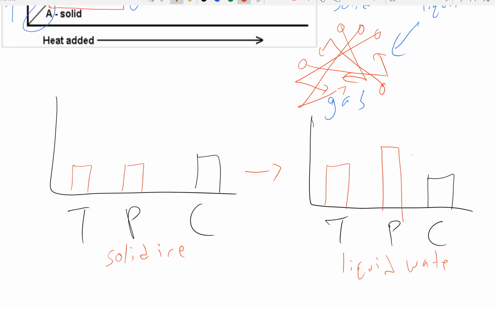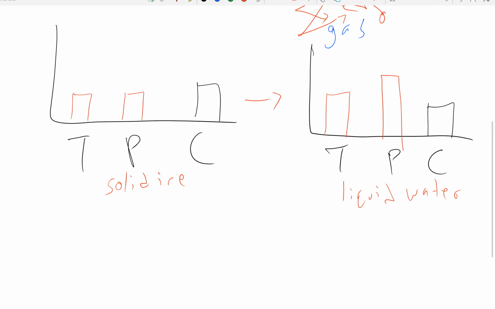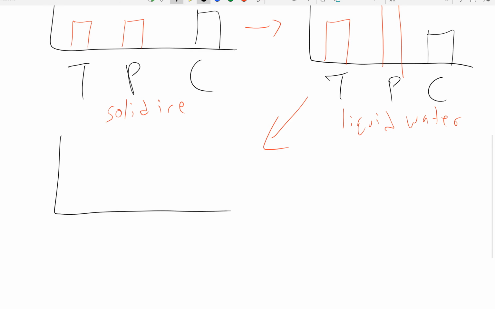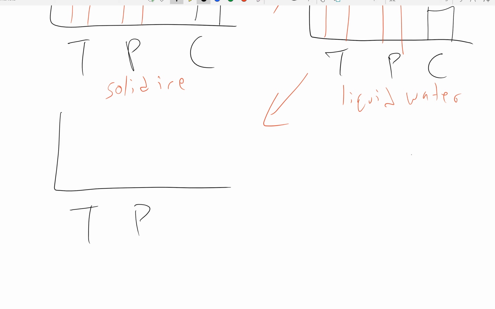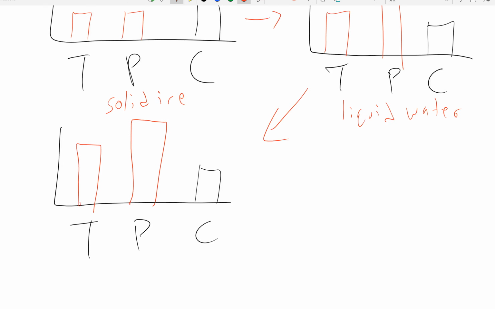So then finally, it goes from water, liquid water, into gaseous steam. Now the chemical energy, once again, it's still water, so it stays the same, but the thermal energy has to increase from 0 to 100 degrees, and then the phase energy has to turn from liquid into gas. And this is where all the energy is going.